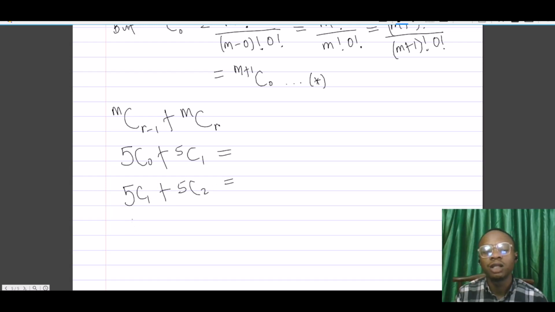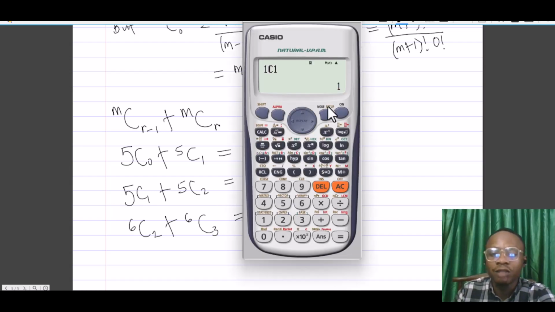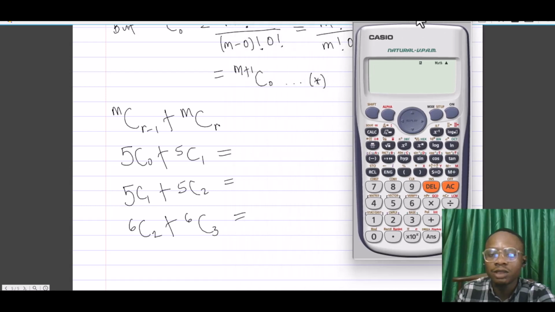And let's say we want to get another number, 6 combination 2 plus 6 combination 3. Just following the same pattern, whatever this was, this will be one higher than it. So let's see what all of this will give us. We can check with our calculator. 5 combination 0, that is 1.